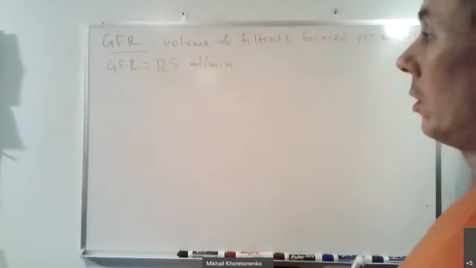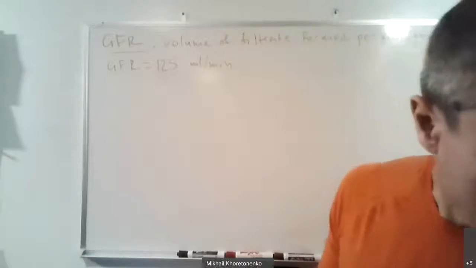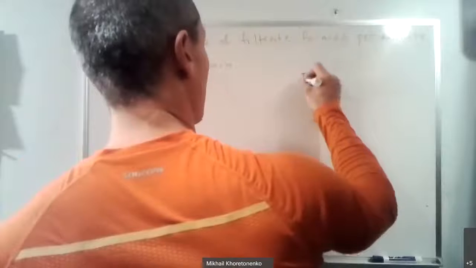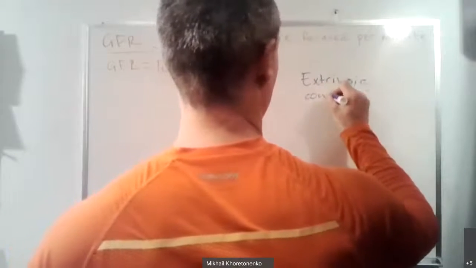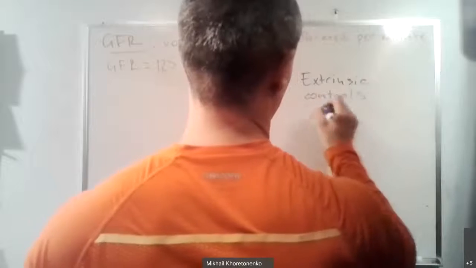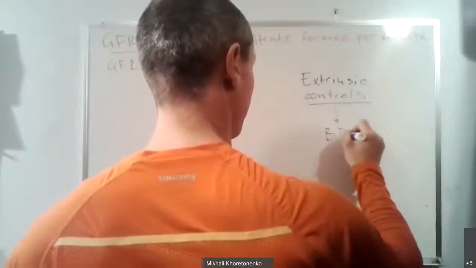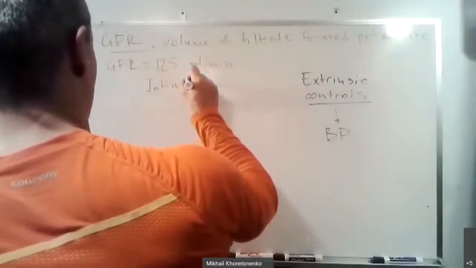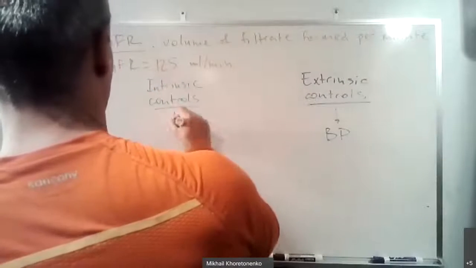So, what are intrinsic versus extrinsic controls? Extrinsic controls, their function is to maintain the blood pressure. Intrinsic controls maintain GFR.